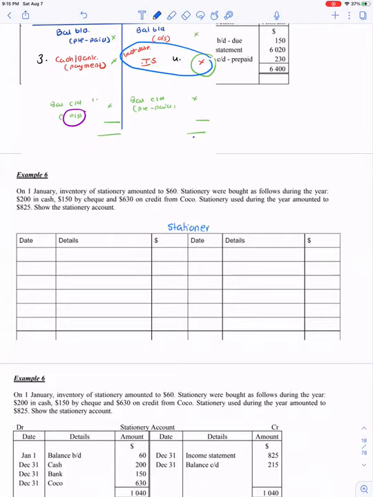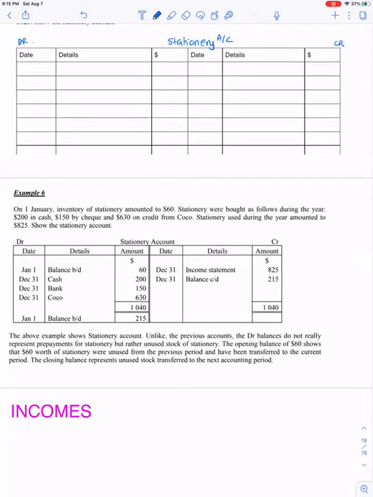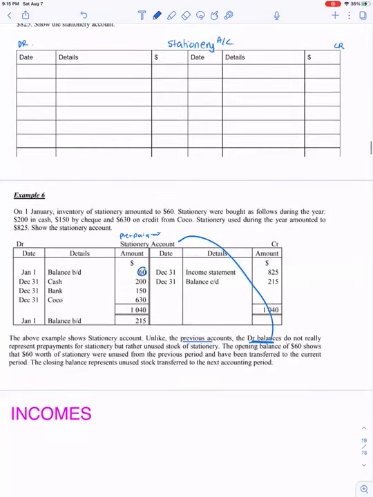Now, one thing that I want to tell you about stationery is that although stationery is an expense account, unlike your normal expense account where a debit balance represents prepaid, a debit balance in the stationery account does not really represent prepayments.